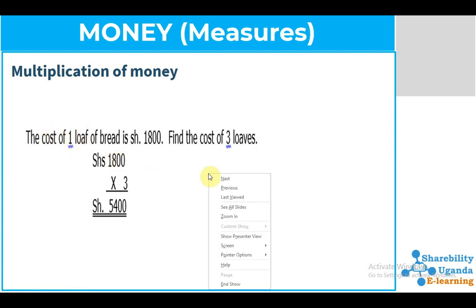So we first see the cost of one loaf. In our working, we say one loaf is equal to 1,800.